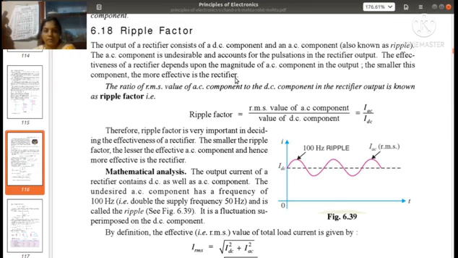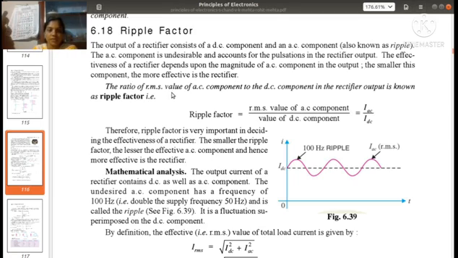That is the point: if the ripple factor is low, the output current is less pulsating, and the rectification is more efficient. So we need to calculate the ripple factor, then only can we measure how efficient the rectifier is.